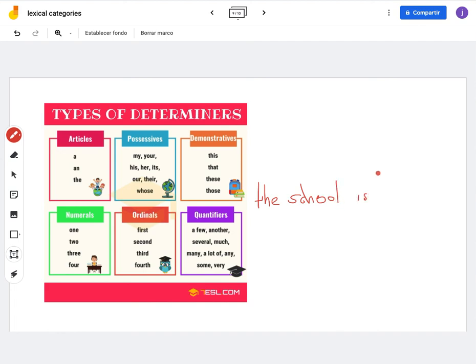The school is big. Well, in this case, the determiner is an article, that is the. This is a type of determiner.